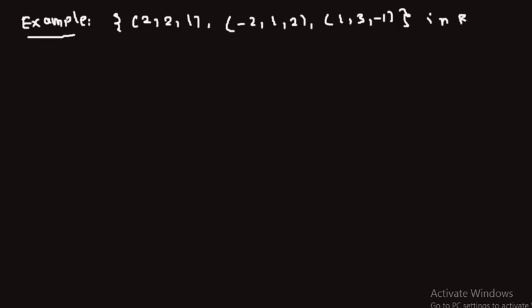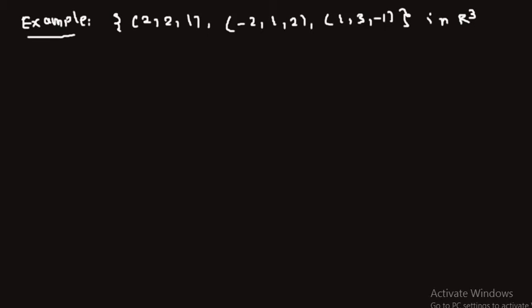Here we have taken the vectors again (2, 2, 1), and suppose (-2, 1, 2), and here we have (1, 3, -1). So let's check, is this an orthogonal set? So this is a set in Rn. Is this an orthogonal set or not?